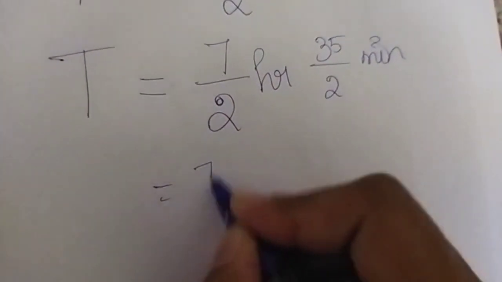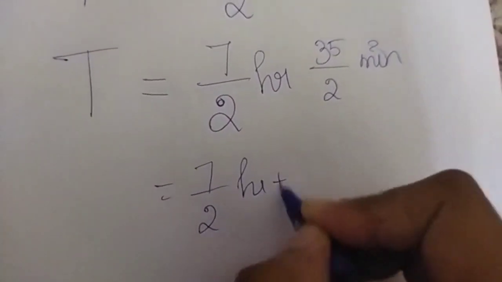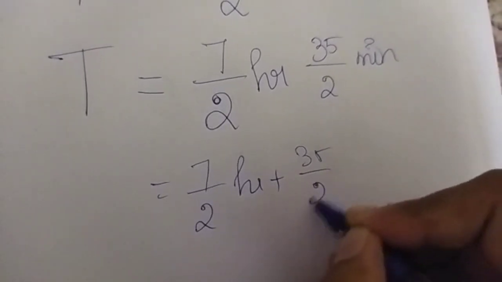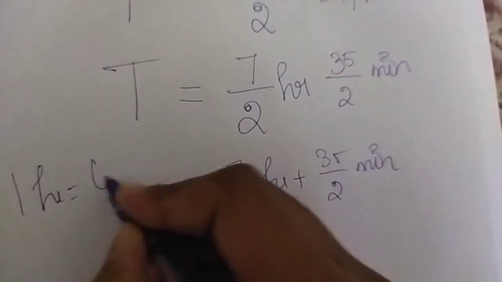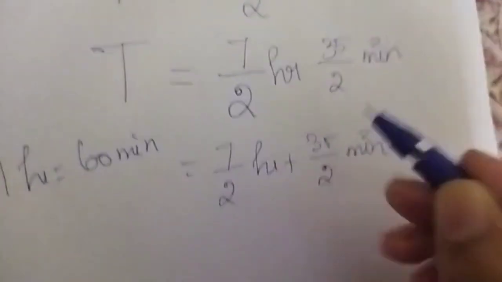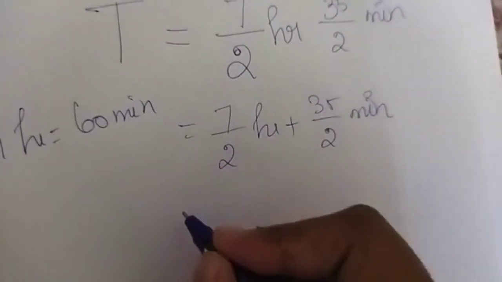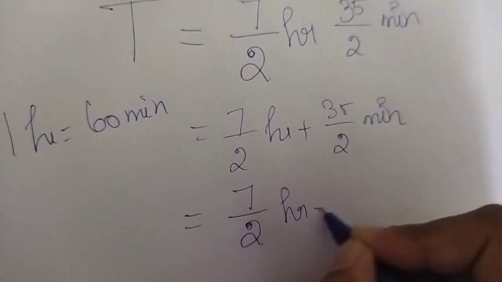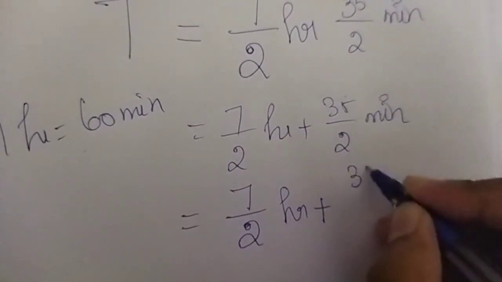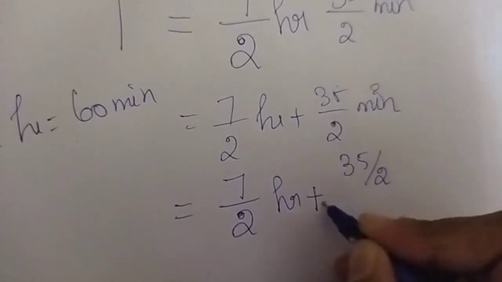So 7/2 hour plus 35/2 minutes. We know that 1 hour is equal to 60 minutes. If I want to convert minutes to hours, I need to divide by 60. So 7/2 hour plus 35/2 divided by 60.